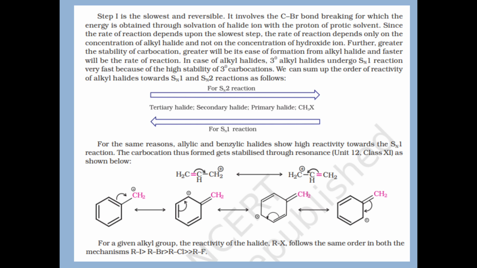SN1 reactions are very fast because of the higher stability of the tertiary carbocation. For the same reason, allylic and benzylic halides show higher reactivity towards the SN1 reaction. The carbocation thus formed gets stabilized through resonance.